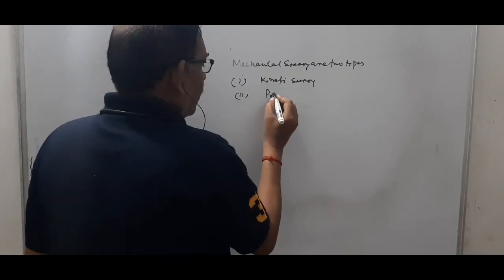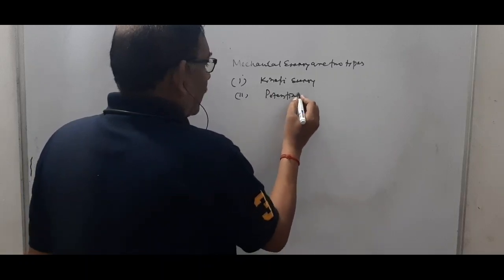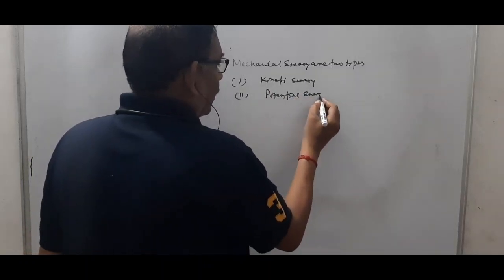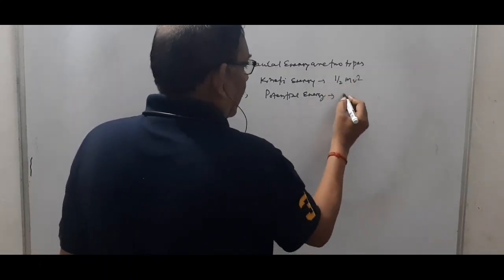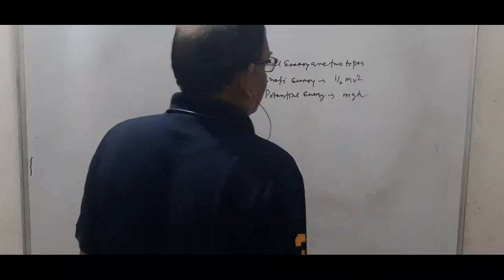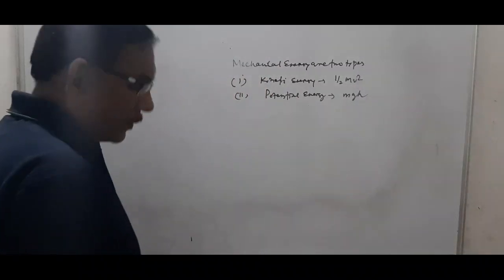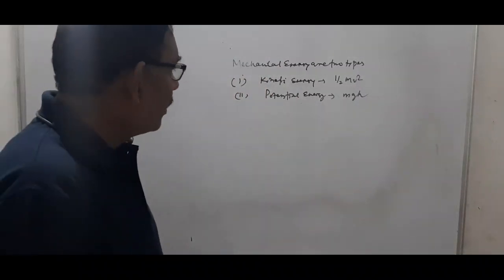The second one is potential energy. Kinetic energy is half mv square. Potential energy is mgh. Okay. So now let us discuss kinetic energy.